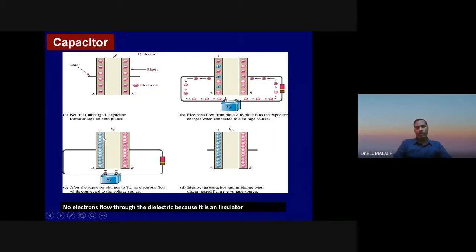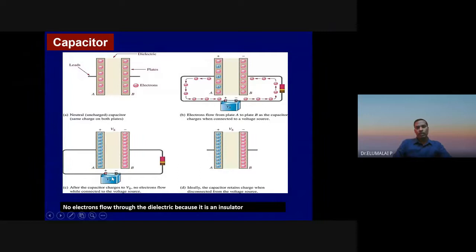There is a creation of a double layer of charges. How long will it hold? If all the ions are held like this, until the voltage is equal to the voltage of the battery, this charging of the device will happen. Till then it will happen.